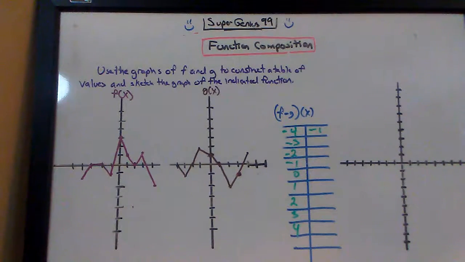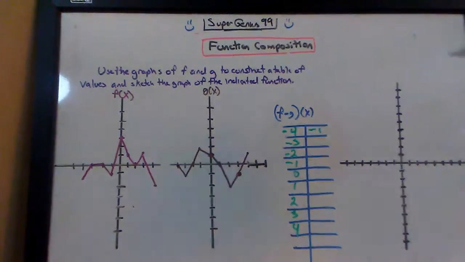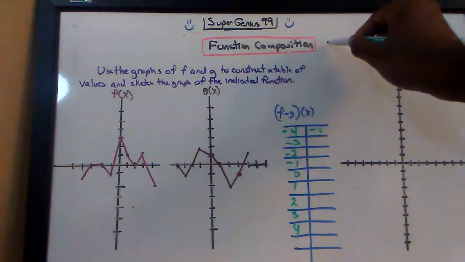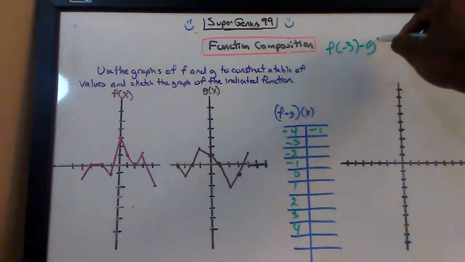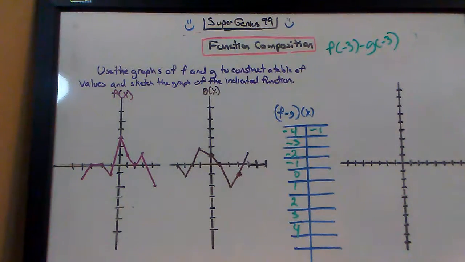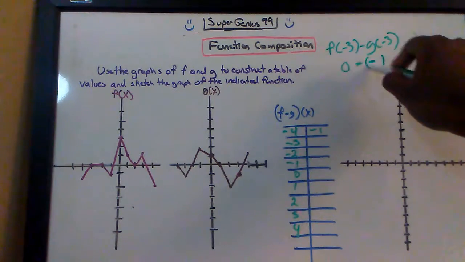So next is, what is f of -3 minus g of -3? When x is -3 on the f graph, what is y? 0. When x is -3 on the g graph, what is y? -1.